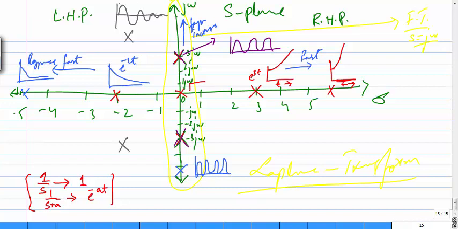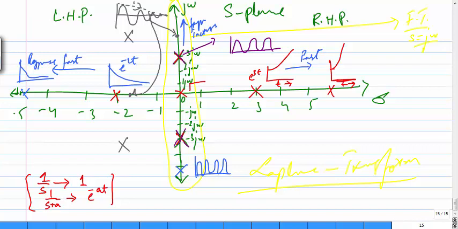Now if I draw a dotted line, this dotted line is the envelope, which is because of the value here on the real axis, and this oscillation is because of the value here. So the imaginary axis gives us how the oscillation behaves, what the frequency is, and how fast it decays is because of the real axis.